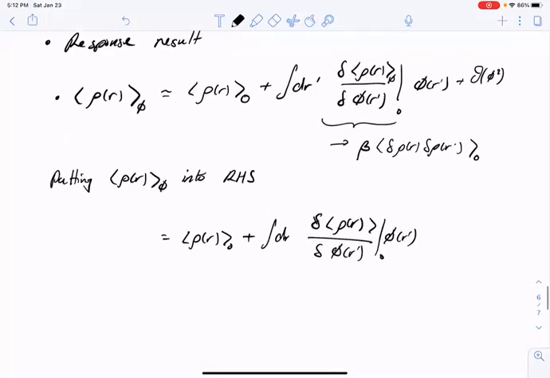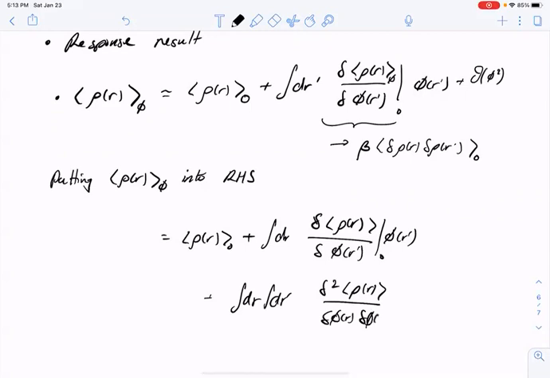But in addition, we would have now a second integral, R prime, and now a second derivative times two components of the field.